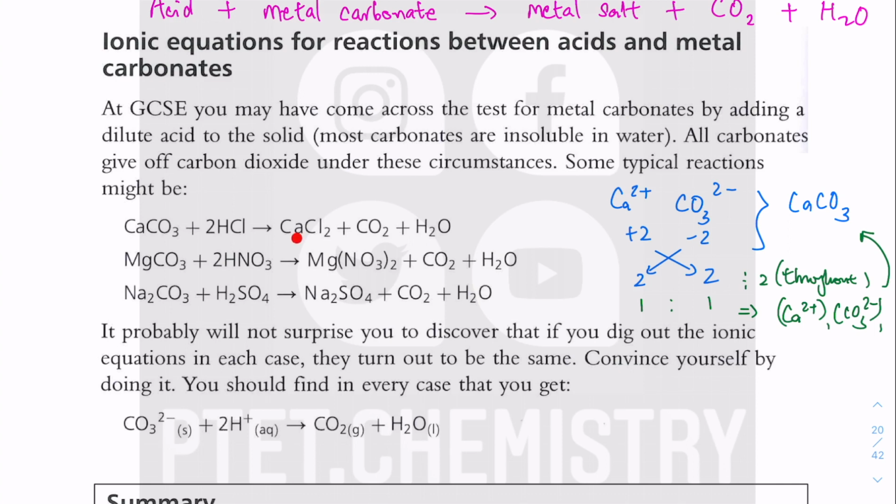On the other hand, calcium chloride, you have calcium 2+ and Cl-. You can't do that because they are not the same charges in opposite manner. So you have to bring down the value of the charges, which is 1 and 2. So it means calcium 2+ and 2 of the Cl-. That's why the formula is 1 calcium 2+ and 2 Cl-, CaCl2.